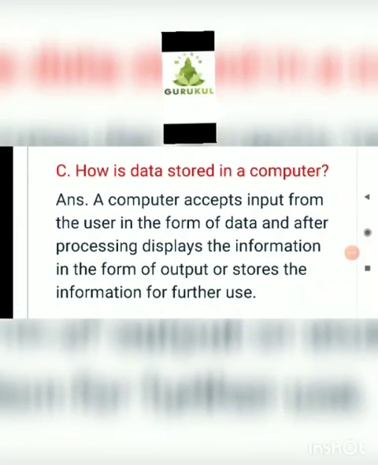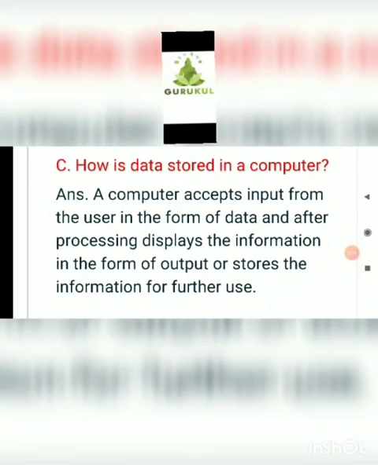Next one. How is data stored in a computer? A computer accepts input from the user in the form of data, and after processing displays the information in the form of output or stores the information for further use. Kids, in the basic block diagram of a computer system, we have already learned how the whole computer system works.